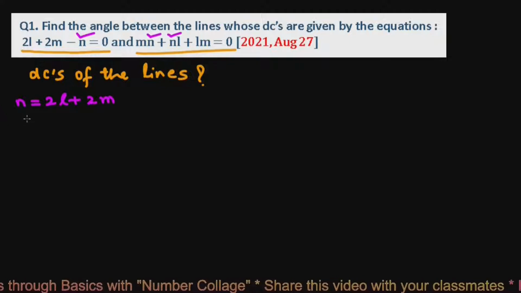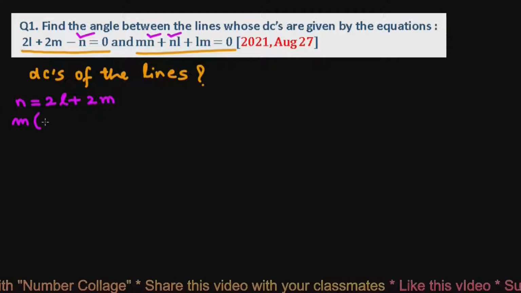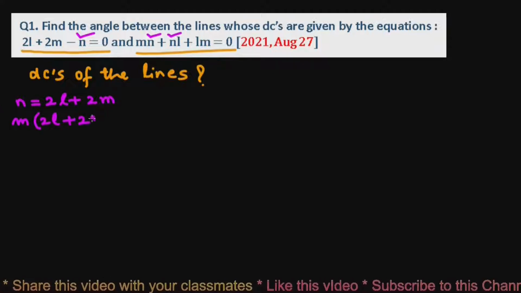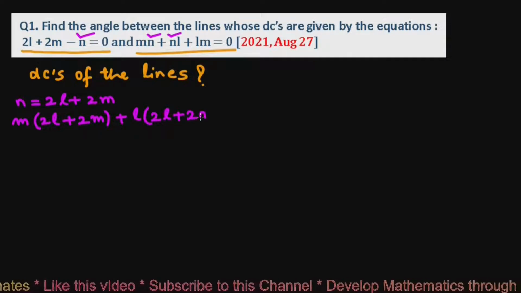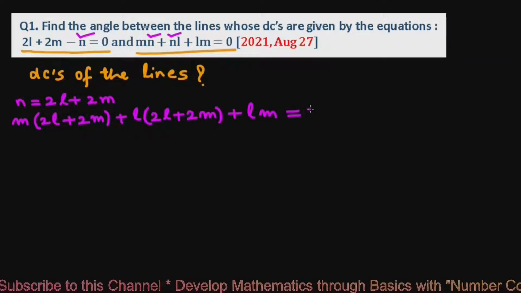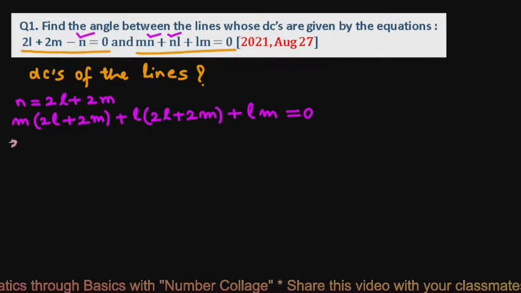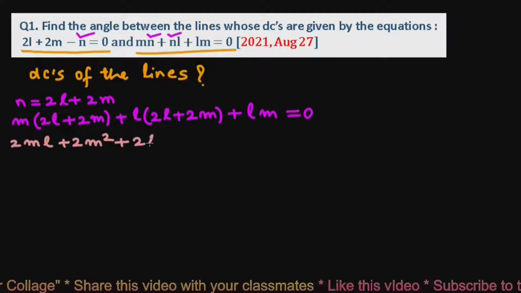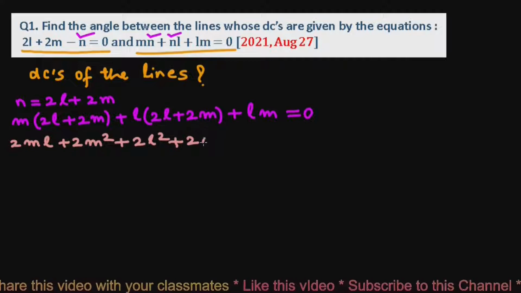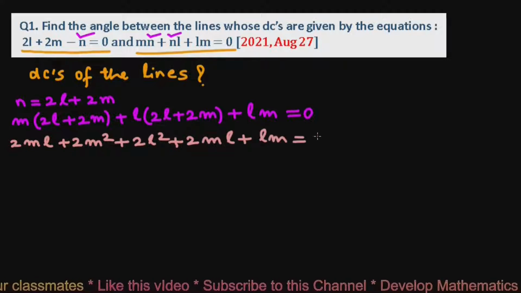So the second equation becomes m times (2l + 2m) plus l times (2l + 2m) plus lm equals 0. That will be 2ml + 2m squared + 2l squared + 2ml + lm equals 0.